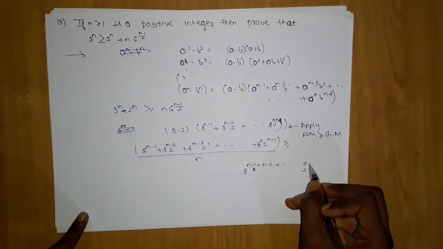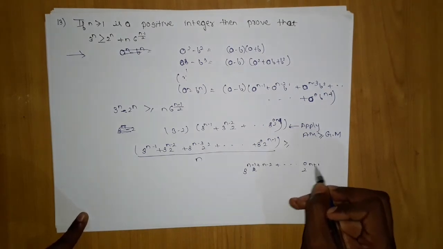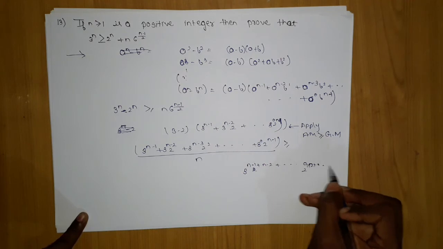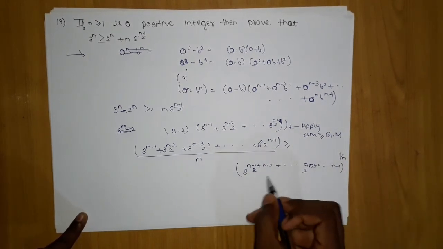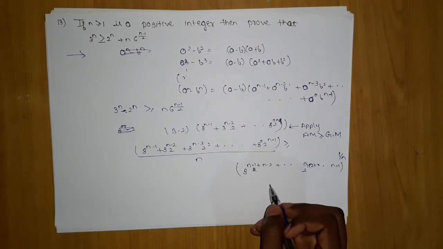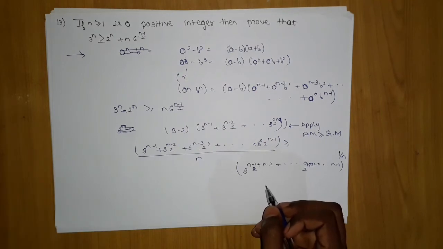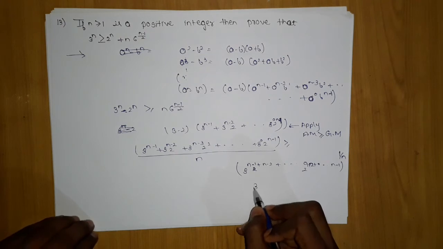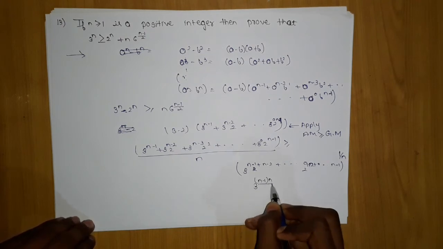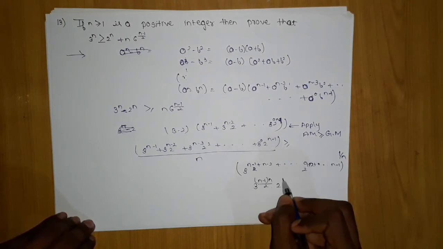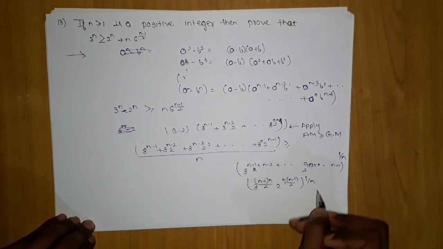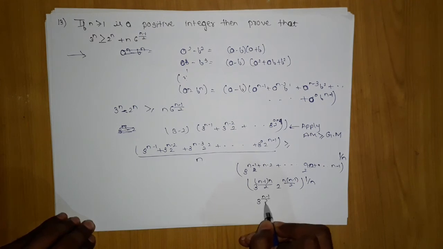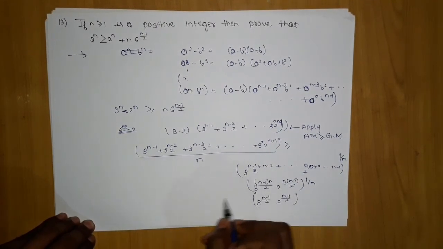Similarly for 2, 1 plus 2 plus and so on till n minus 1, upon 1 by n. So we should apply the summation of n minus 1, which is nothing but 3 power n minus 1 into n upon 2, into 2 power n into n minus 1 by 2, upon 1 by n, which gives us 3 power n minus 1 by 2 into 2 power n minus 1 by 2. So we are getting this thing.